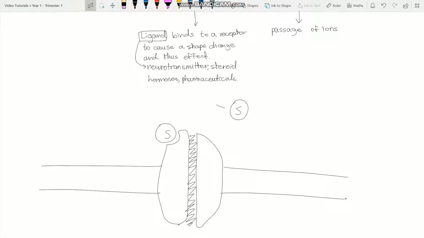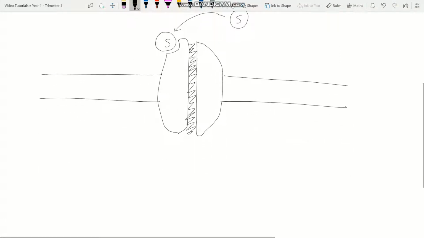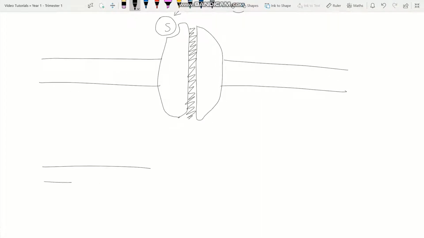This binding, as I mentioned earlier, will have an effect that will change the conformation of the ligand-gated ion channel. In this case, it may allow for the two subunits of the ligand-gated ion channel to move further apart from one another.